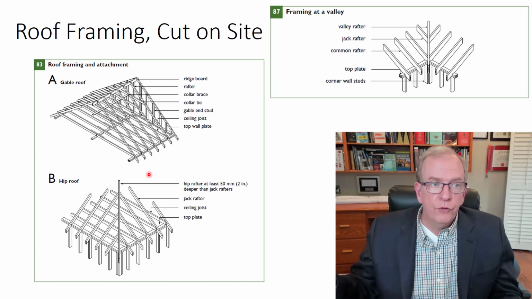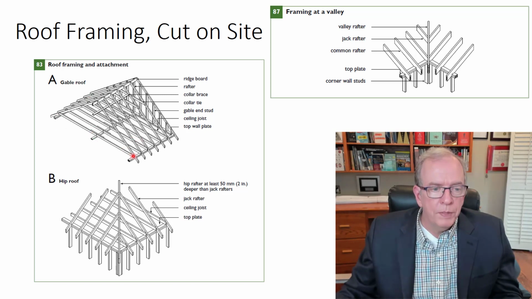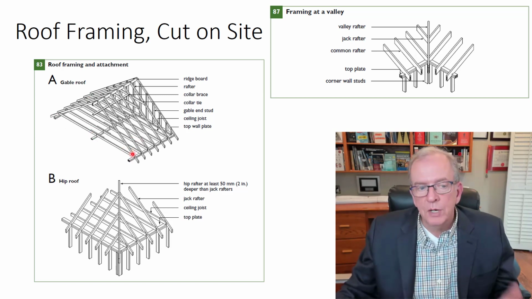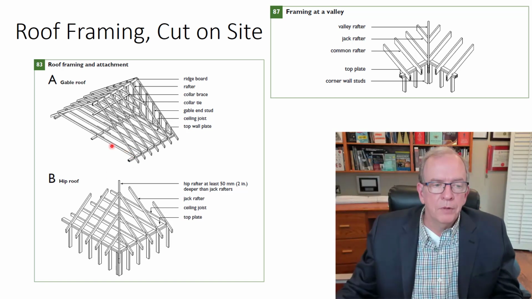Now, roof framing traditionally was cut on site, and so that meant that you had to measure the span, you had to figure out what the run is, which is half the span, and then what the slope is, and then you would lay it out. So 9/12, you'd hold a framing square at 9/12, and you'd step it off till you've stepped off half of the span, and that'll give you the slope.